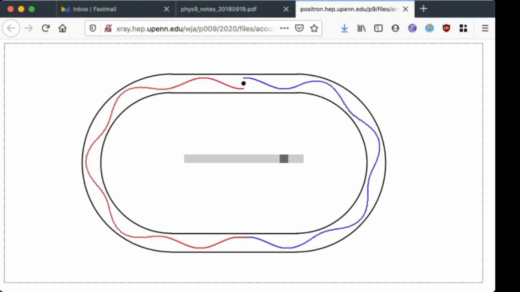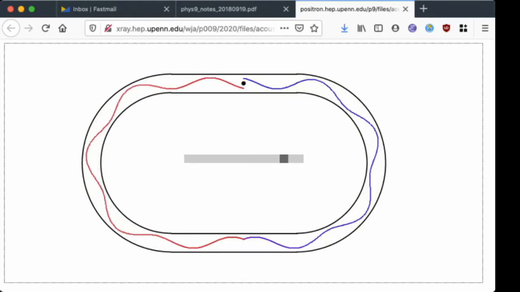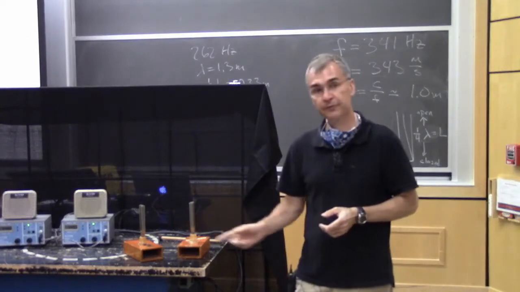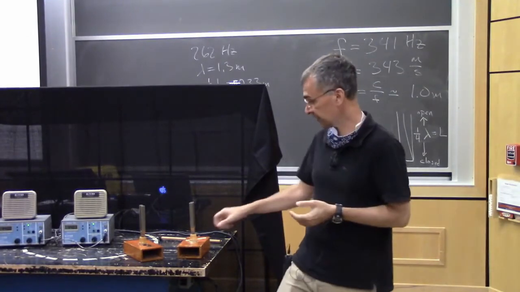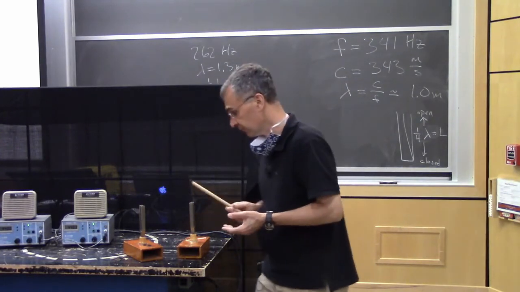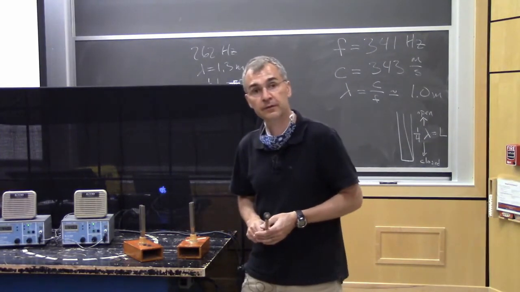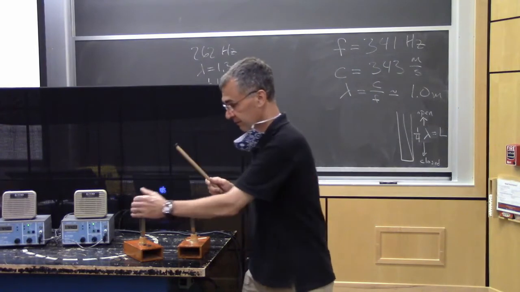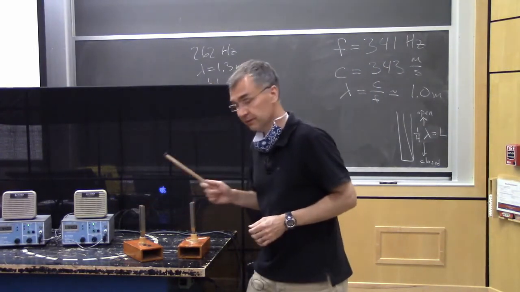So that is sort of a visual equivalent of what you just heard and saw. Here I have two tuning forks, and each one of them is a 440 hertz tuning fork. There's one. There's the other.